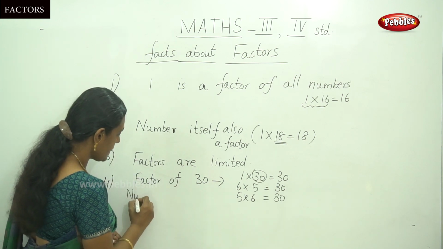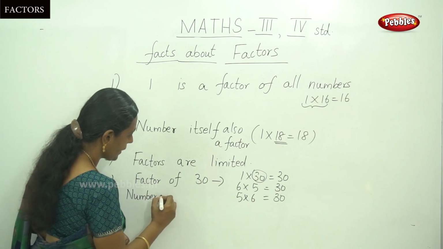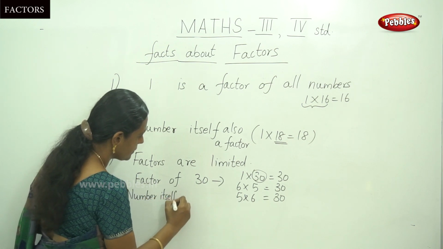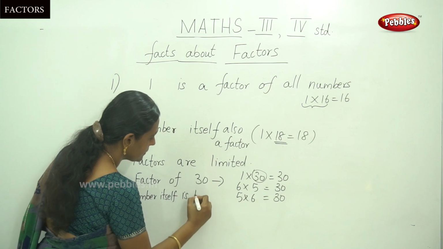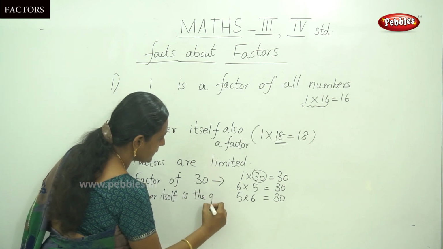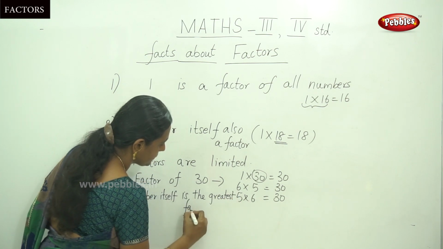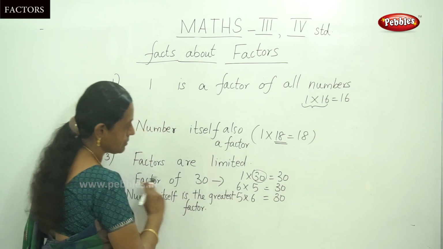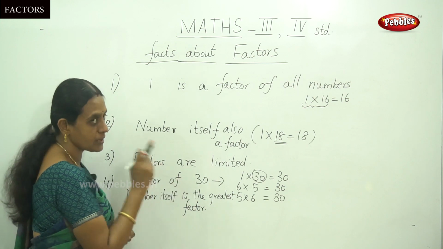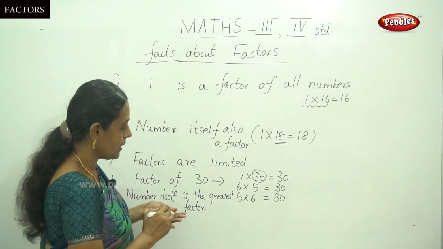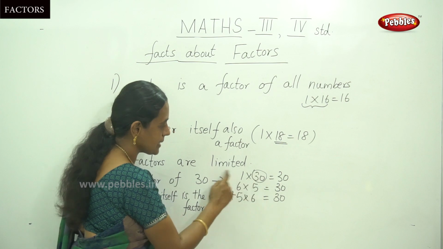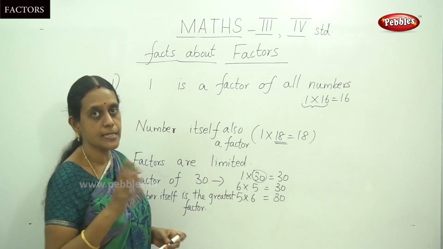The number itself is the greatest factor. So when you find the factors of 30, write down that 30 is the greatest factor of itself.